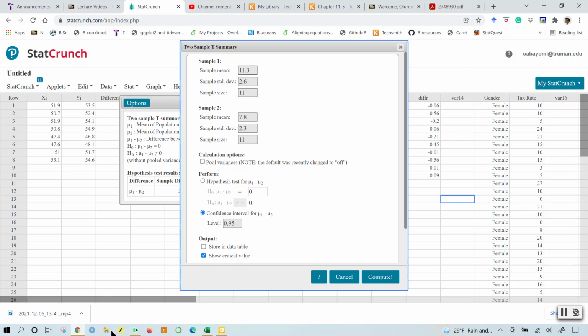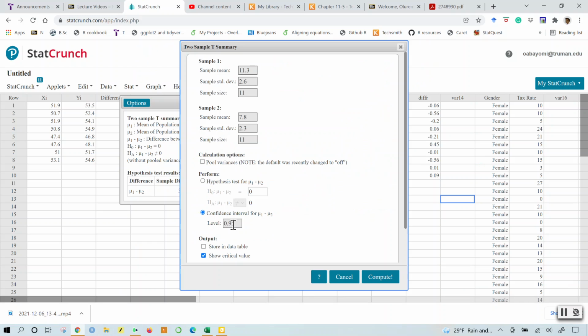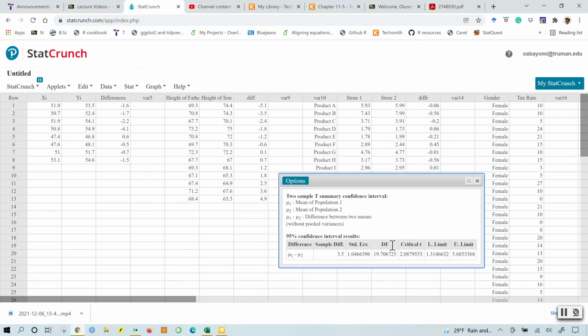At what confidence level? If our alpha is 0.05, then our confidence level is 0.95 or 95%, which we already have by default here. All right, so compute, and I have the lower limit, 1.314, and the upper limit, which is 5.685.